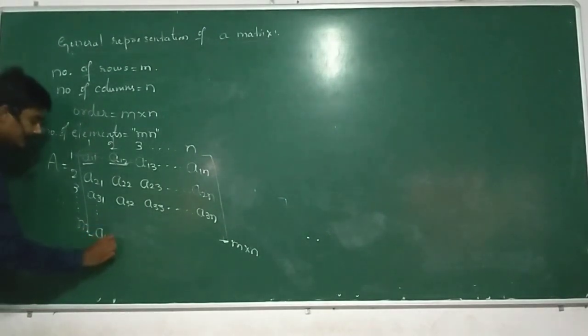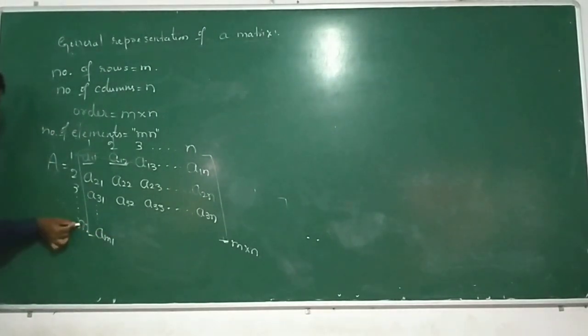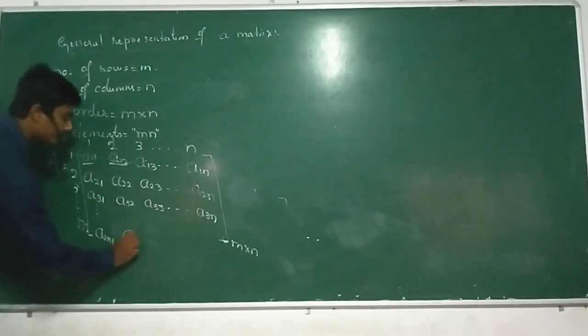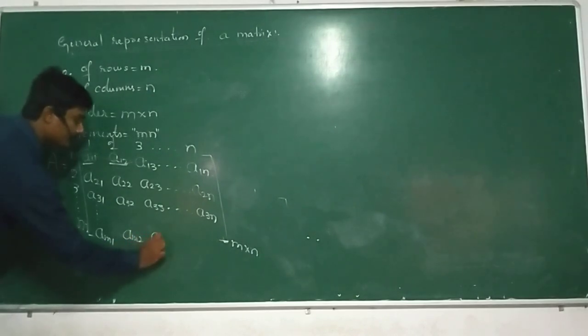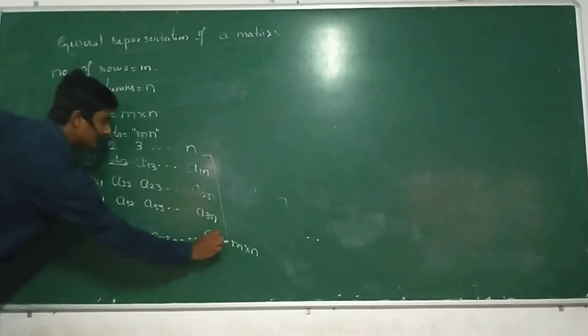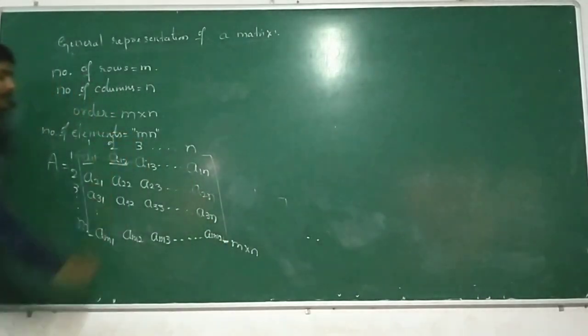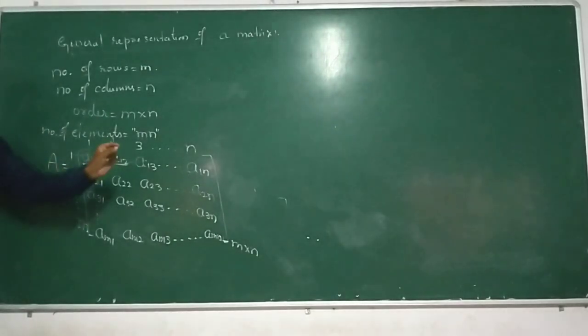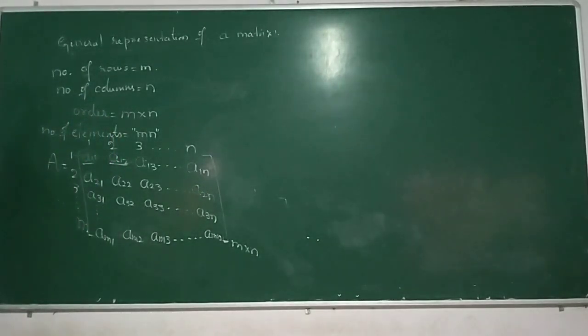Here it is Am1 because this element is present at the intersection of the mth row and first column, then Am2, Am3, and so on up to Amn. So this is the general representation of a matrix whose order is m by n.